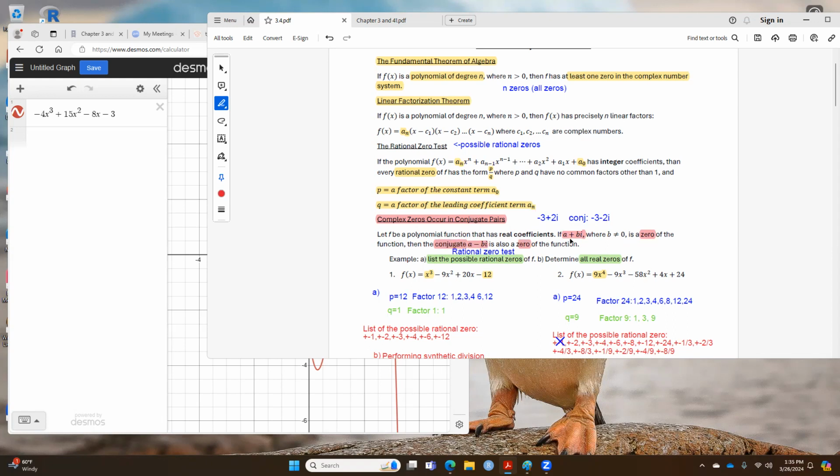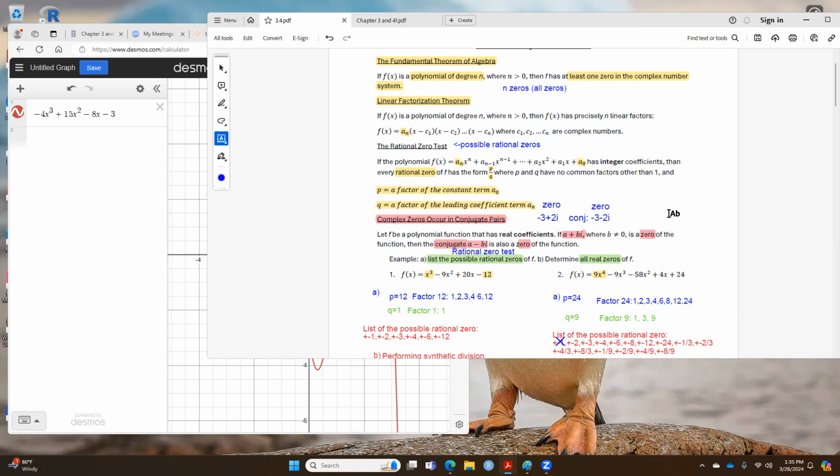In other words, if you find out negative 3 plus 2i is a zero of a function, then automatically negative 3 minus 2i will be a zero. So if this is a zero, then this is a zero.